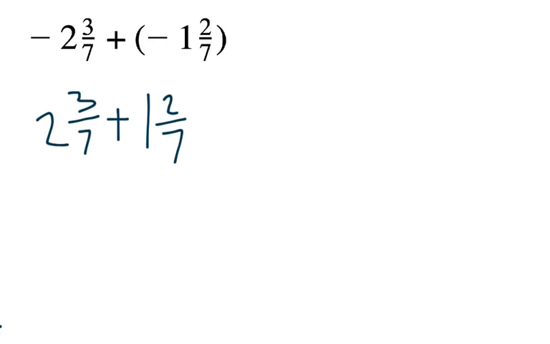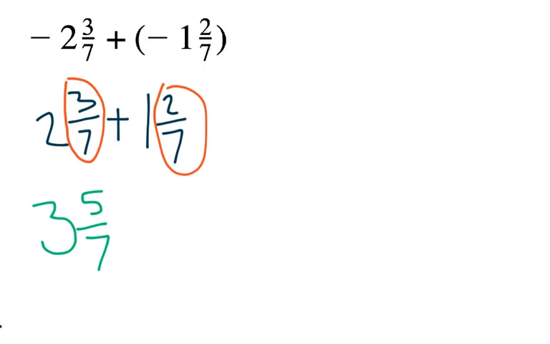So if I was adding the whole numbers, 2 plus 1, that would give me 3. And then I'm adding the fraction parts, which have the same denominator of 7, 3/7 plus 2/7, and that is 5/7. So there's our answer right there.